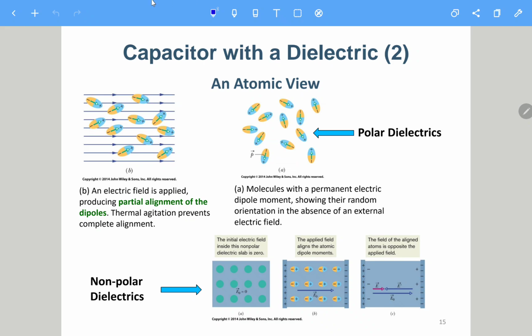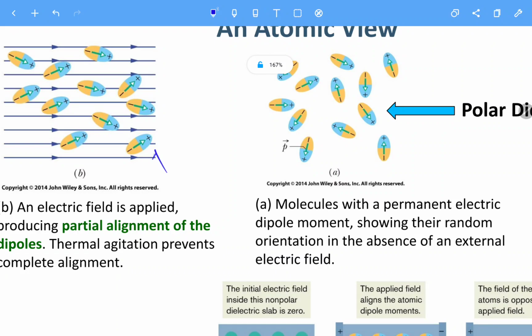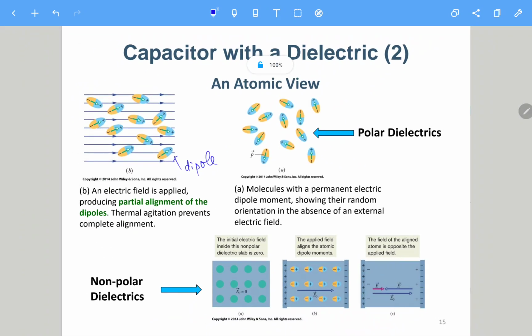If you don't apply any E field to it, then there are many dipoles inside the dielectric. The dipoles will point in different directions, just randomly, and then it will not generate any E field at all.